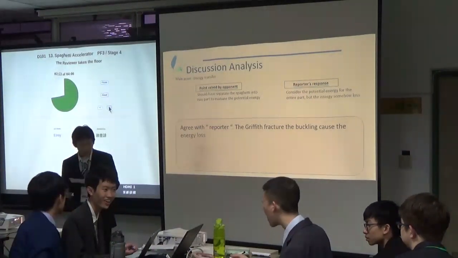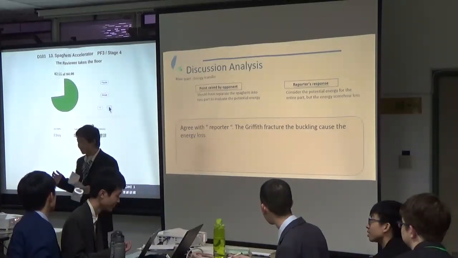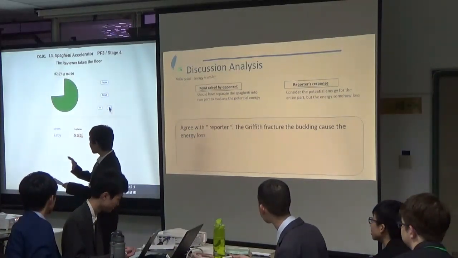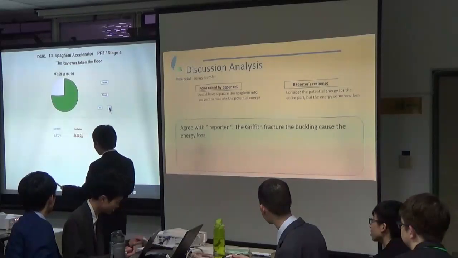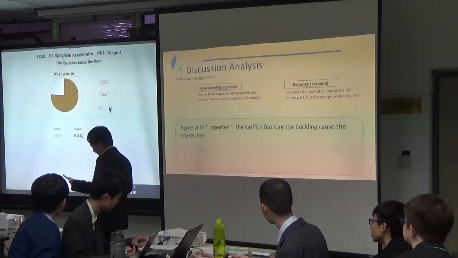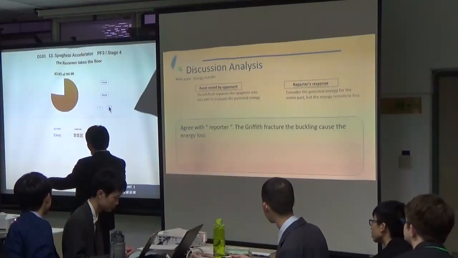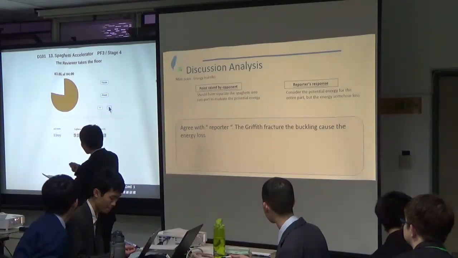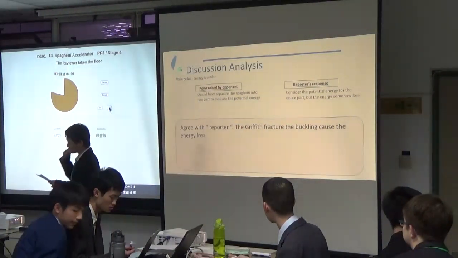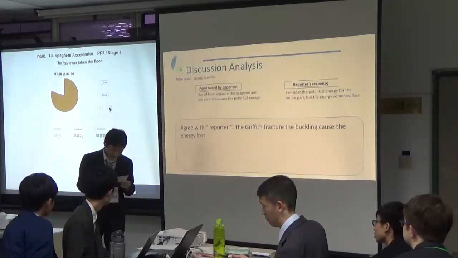And also we talked about the mechanism for pushing the spaghetti, that is the car. We asked about how they control the spinning angle of the spaghetti, since it will impact the result.